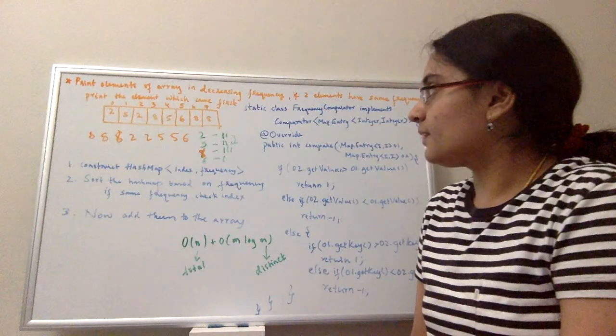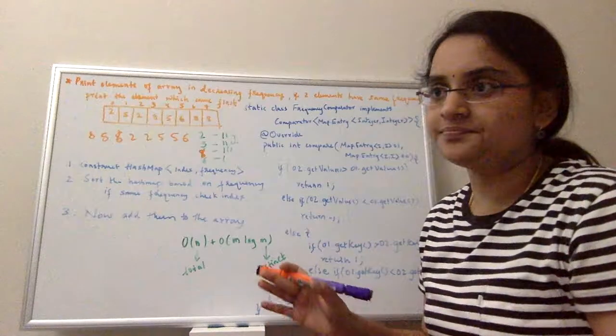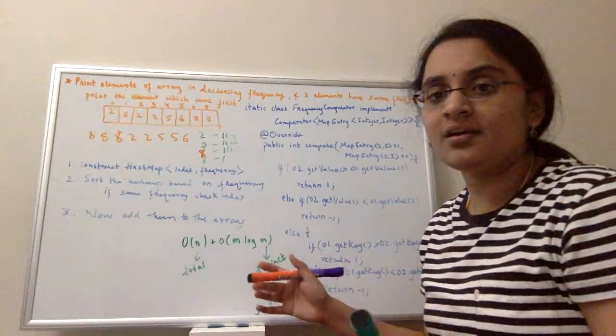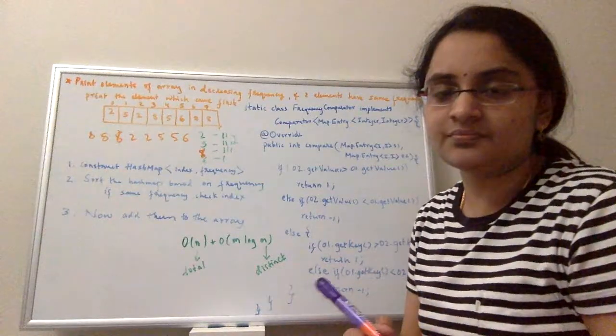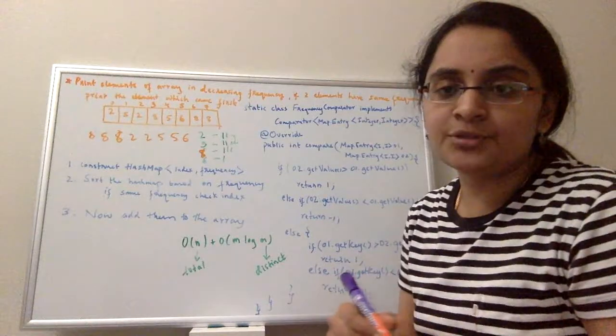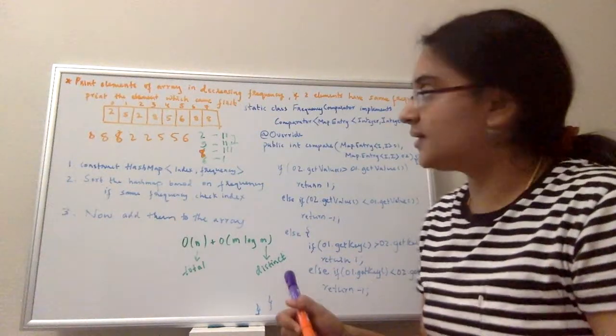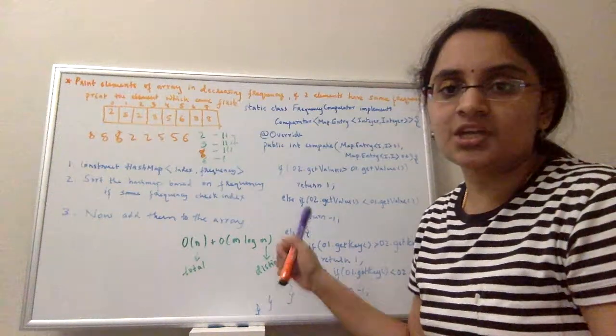Let me explain the solution, because the implementation is so big, it didn't fit in the whiteboard. I'll copy the entire code in the description of the video, and here I'll explain the actual logic of how this is done.